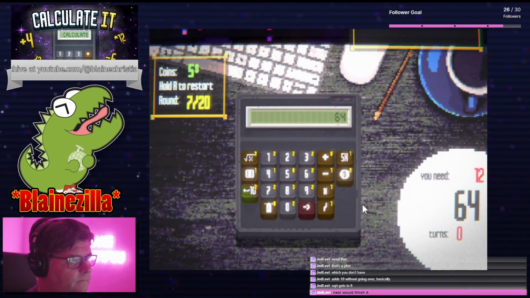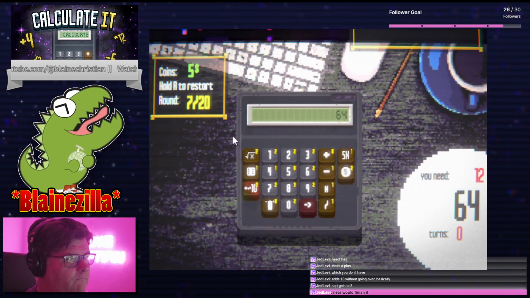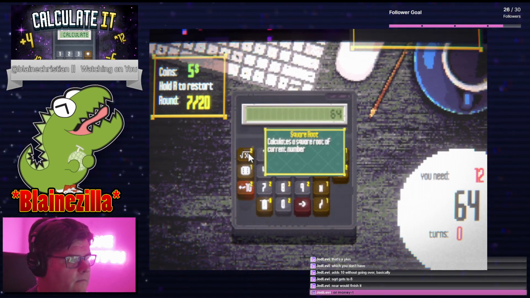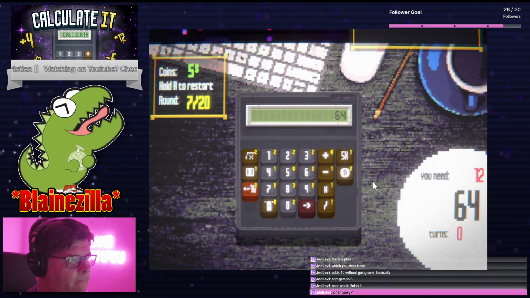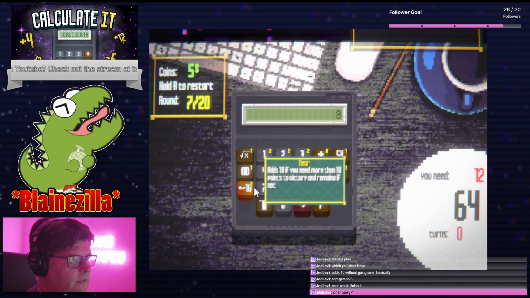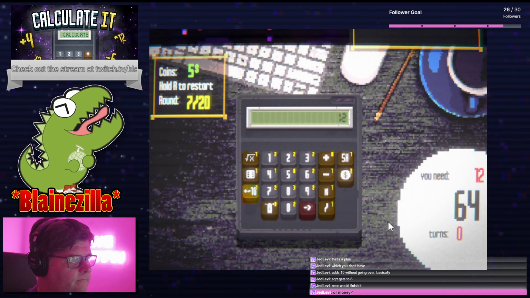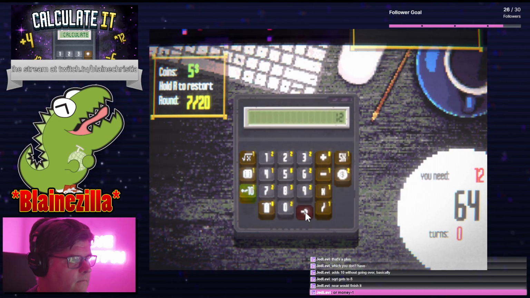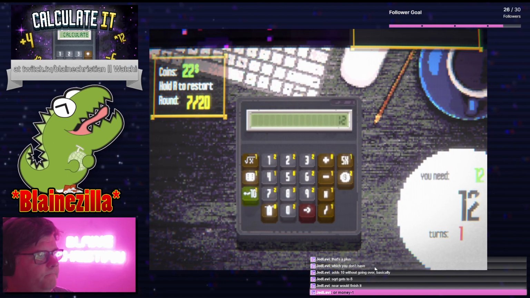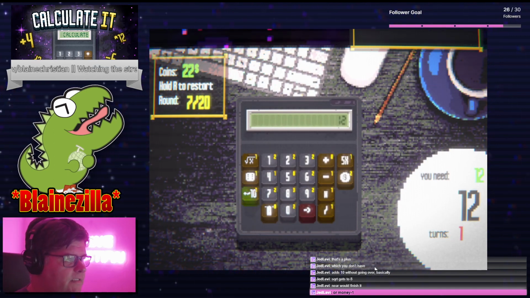Yeah. So we should do that for the 2 button presses, I think. Or money -1. Yeah. So let's do this. Let's do that. 2 button presses.